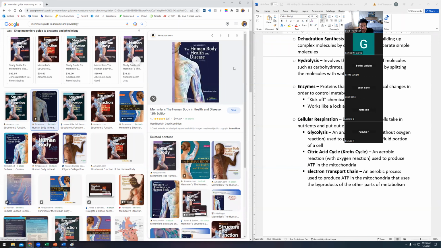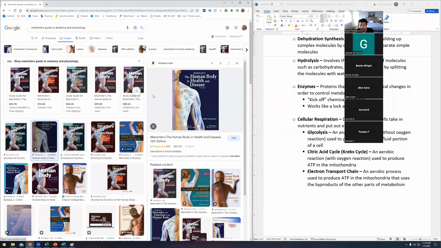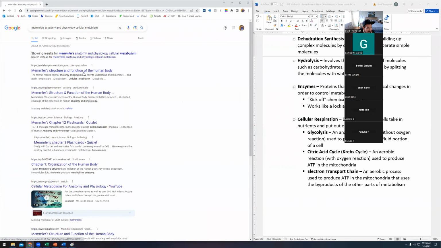They change the cover on this book so often it drives me crazy. Yeah, I've seen that. I kind of read a little bit of it. Yeah. So if you open up that one, I think it's chapter 17. Let me check. I just need to find the table of contents.